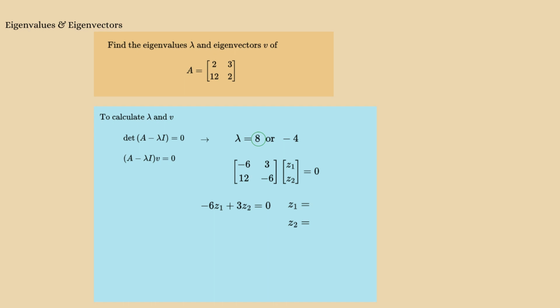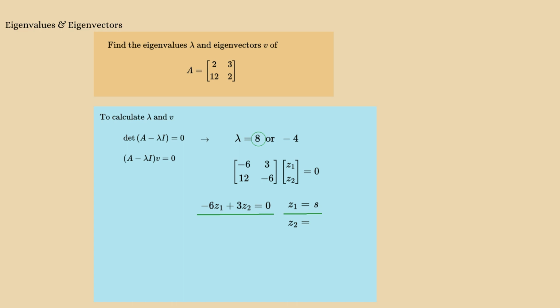The correct way to do this is to use the parameter or free variable. So here you can pick either z1 or z2 to be the parameter or the free variable. Let's say we set our z1 to be s, which is the parameter.